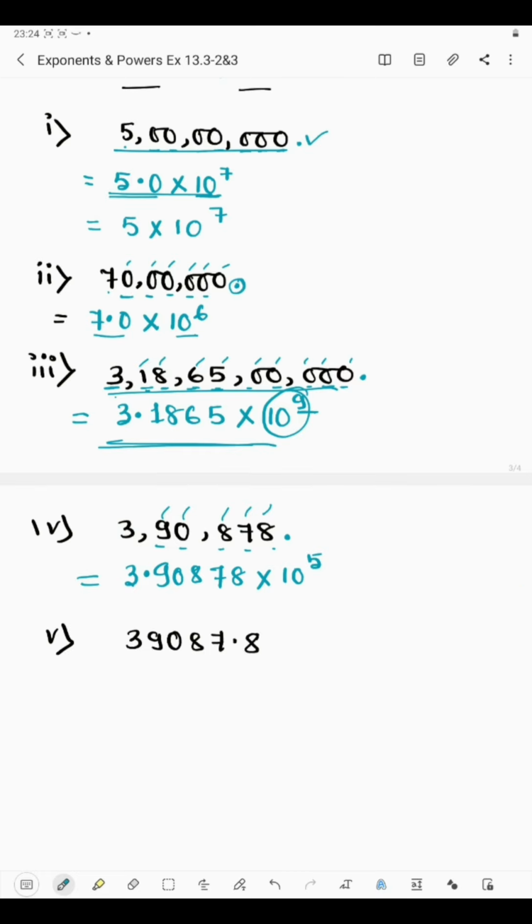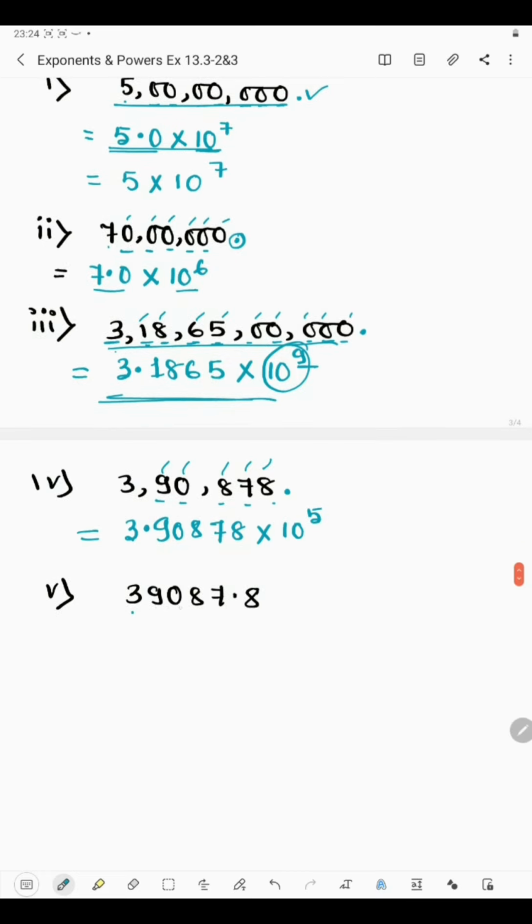Now in the fifth part we have 39087.8. This is the same as the previous one, but in this number we have a decimal. Now at first we will keep the decimal here, and before the decimal we will just keep one digit, which is 3, and since there are no zeros here, we will just copy all the digits.